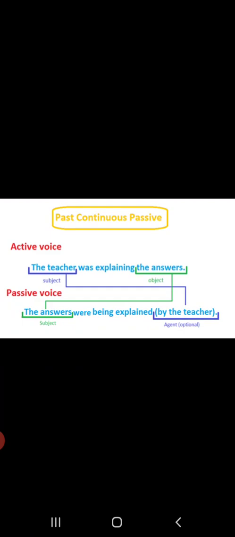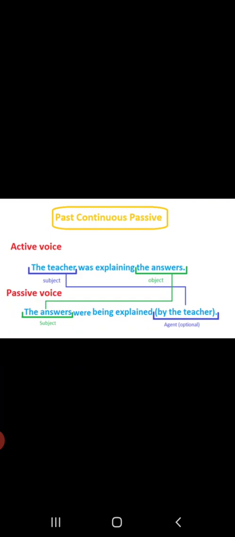Okay, see the example. The teacher was explaining the answer. This is the active voice. Now interchange the position of subject and object, so the answers will become our subject, and the teacher will become the object, and before the object we have written the preposition by. Now what is the third form of the verb explain? That is explained.